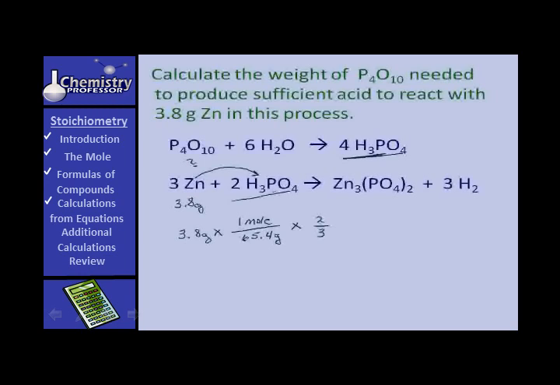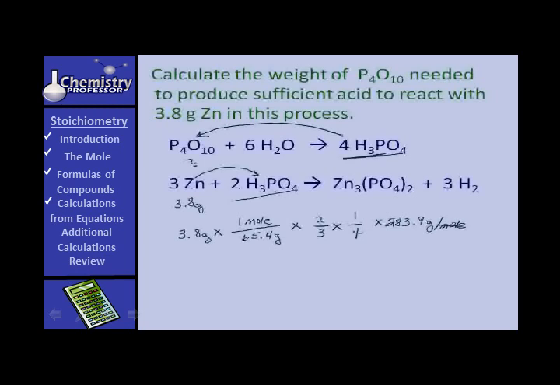And we want to go from phosphoric acid right here all the way over to P4O10. And our mole-to-mole ratio there is 1 to 4. Then we have the molecular weight of P4O10, which is 283.9 grams per mole.